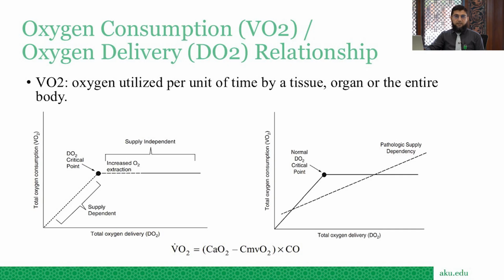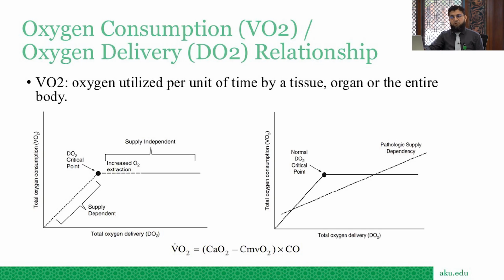At that critical point, when the supply is met, further increasing the oxygen delivery does not increase the oxygen consumption. So it is supply independent, and there the oxygen debt is 0 and increased oxygen extraction is not there. If you provide oxygen delivery below that critical point, then it will be supply dependent. That is, however much oxygen you supply, it will be consumed.